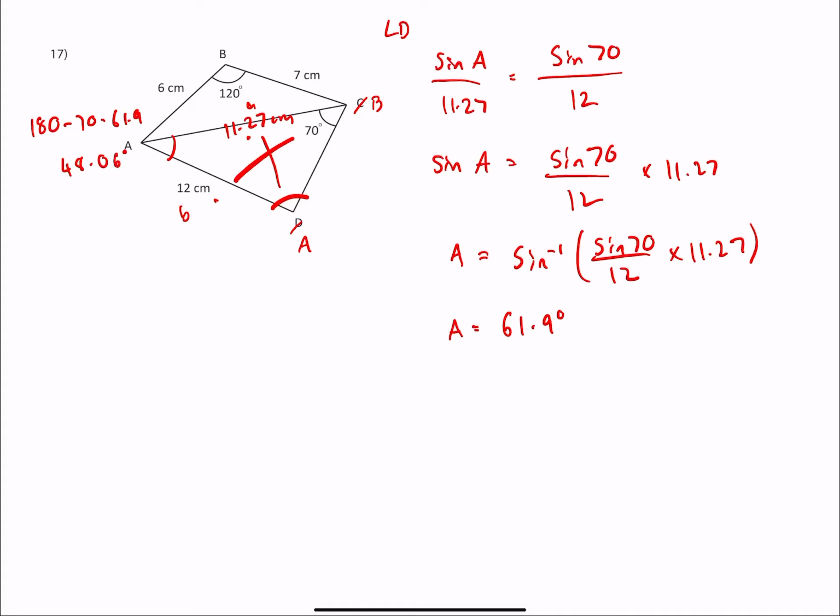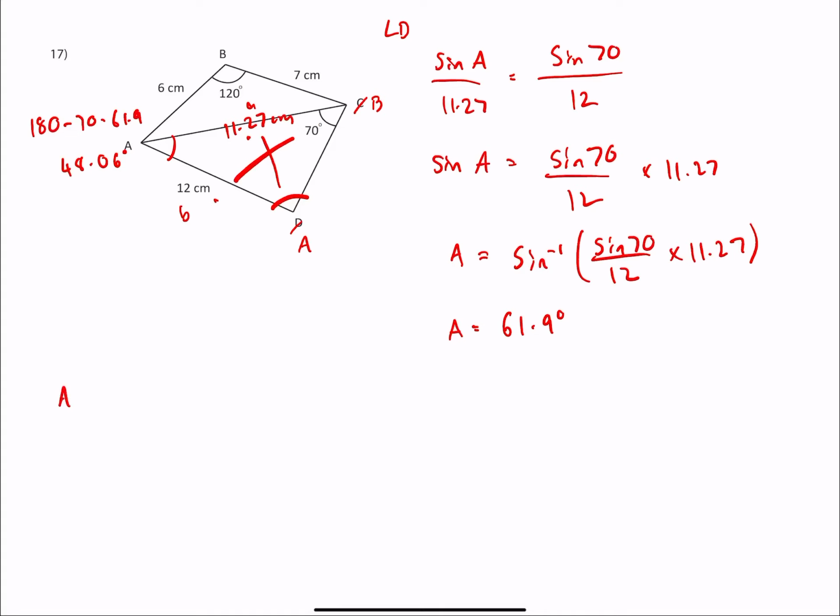Okay. Slightly different to my previous answer because I only did it to 1 decimal place. I've given this to 2 decimal places. Again, it doesn't matter. I'm just putting that information there for the purposes of visually seeing what I'm doing. However, I'm still going to just be using the value straight from my calculator.